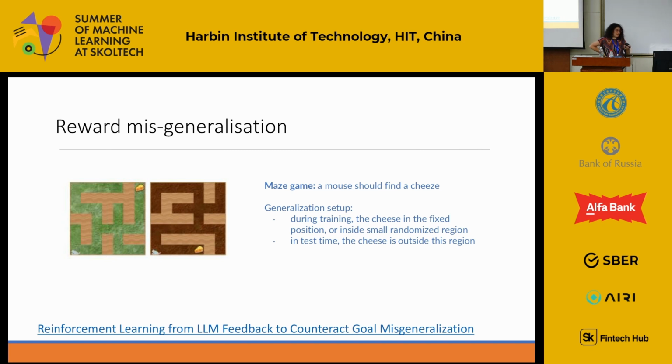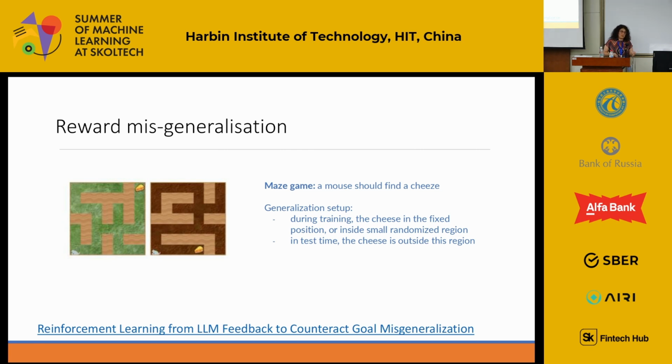For example, a simple maze game where the mouse should find the cheese. In training, the cheese is always in the top right corner, but in testing it could be in any place in the maze.